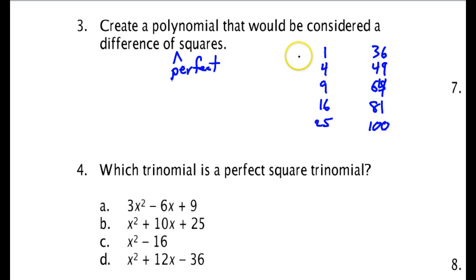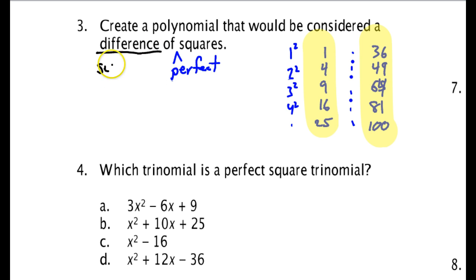They go on, and these are simply 1 squared, 2 squared, 3 squared, 4 squared, and so on. So you're looking for these numbers when you're factoring a difference of squares. And the other word here is difference. That just means subtraction. So we need to be subtracting two of these types of numbers.